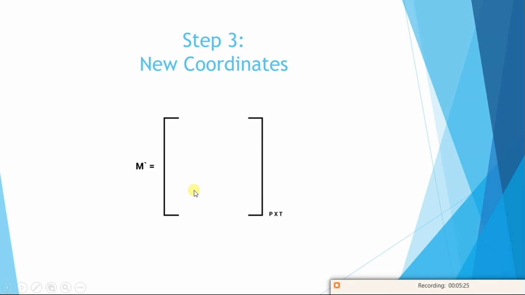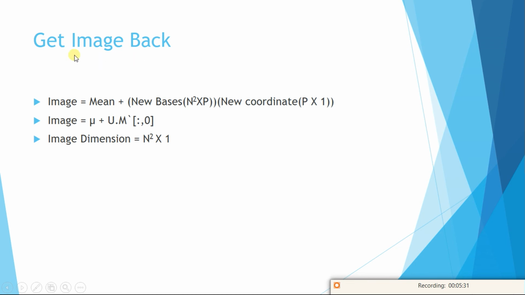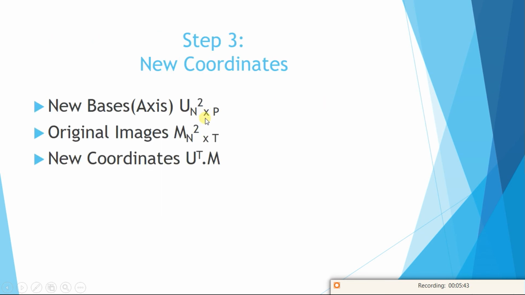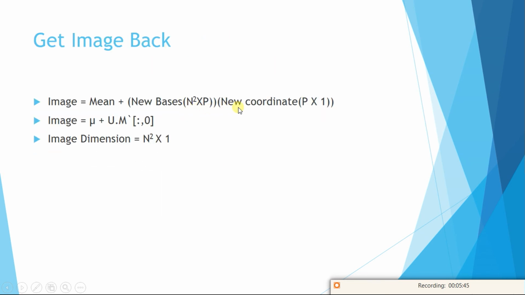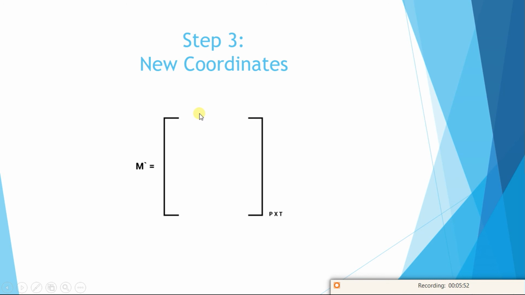Now we have our new coordinates, and if we want to go back to our original coordinates, we can easily do it. If we want to get our image back, the image will be the mean, because we have stored our mean, plus the new bases. The new bases are u of n square cross p, and the new coordinates of a single image will be p cross 1, dimension p and a single image so 1.